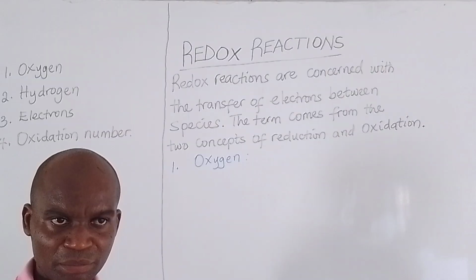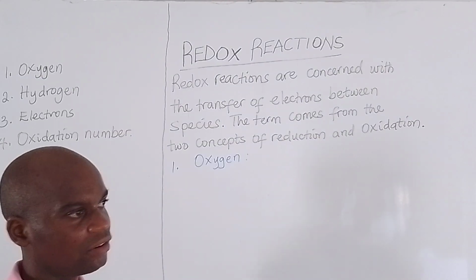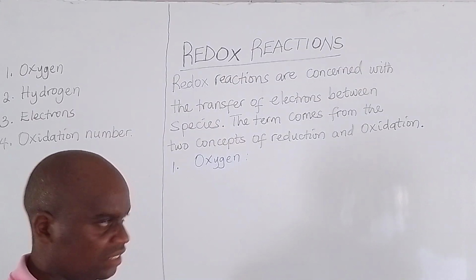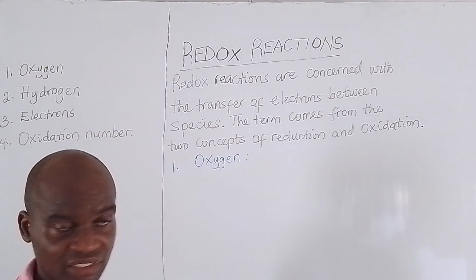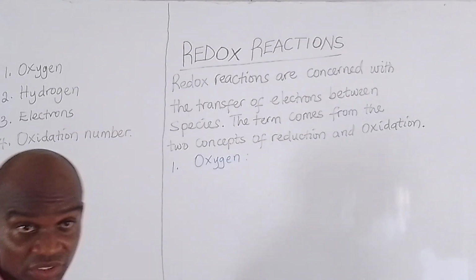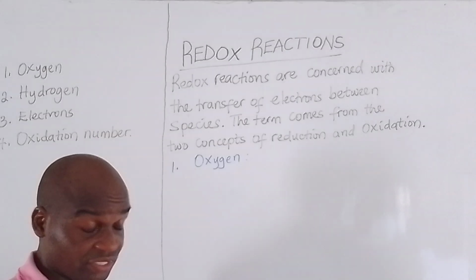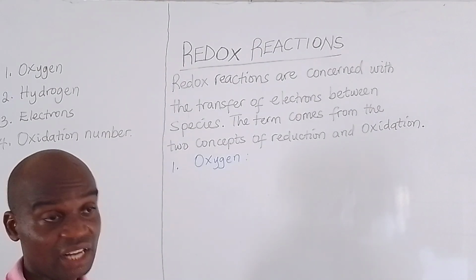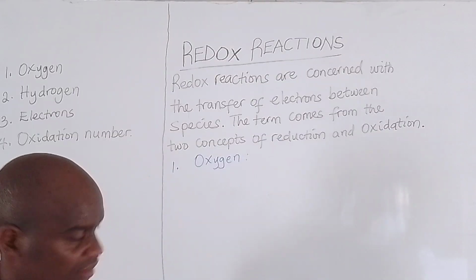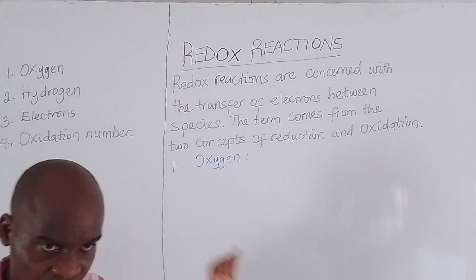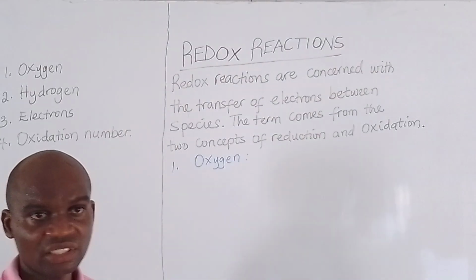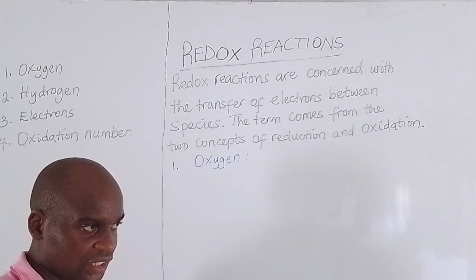oxidation means the addition of oxygen to a substance. This simply means that whenever oxygen is being added to a substance, then oxidation has taken place. Reduction is the opposite of oxidation.